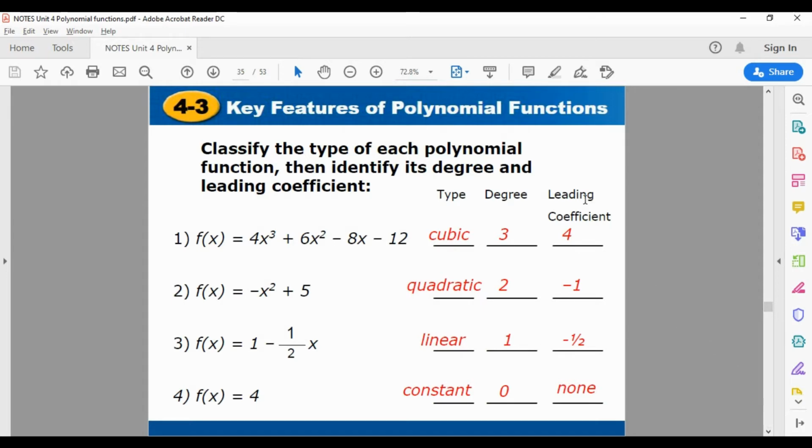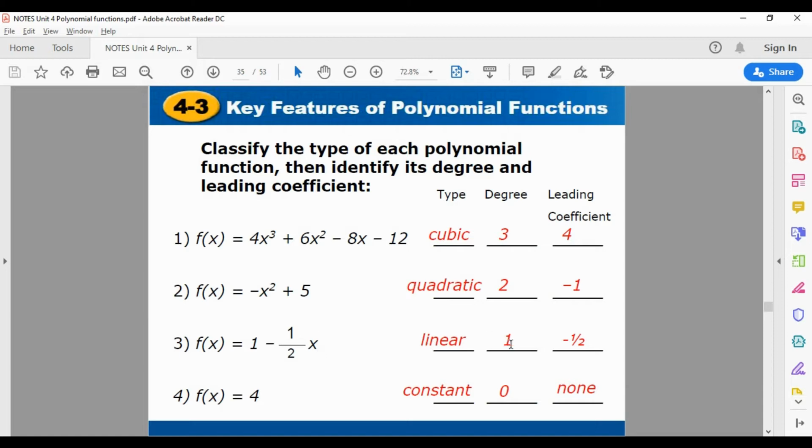So here we just have an example of classifying the polynomials. What are their degrees? One of the easier ways to deal with this is to write the polynomial in terms of descending degrees when it comes to each individual term. But you don't have to, like in this case here for number 3.